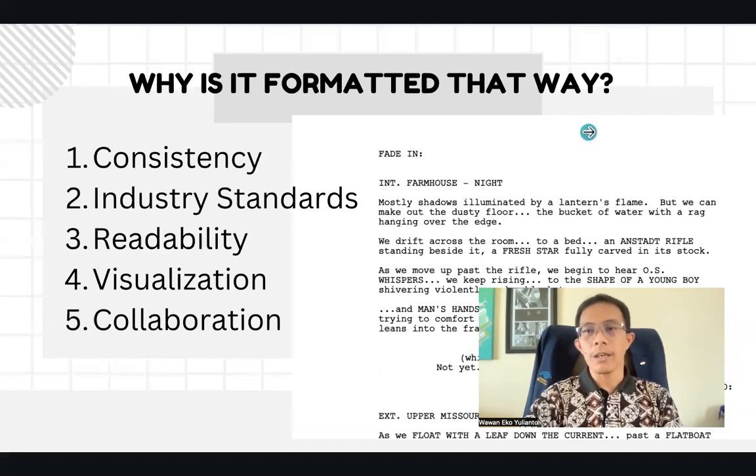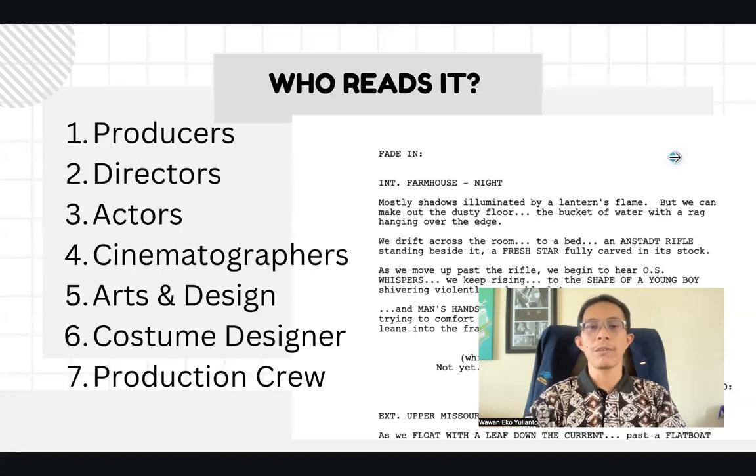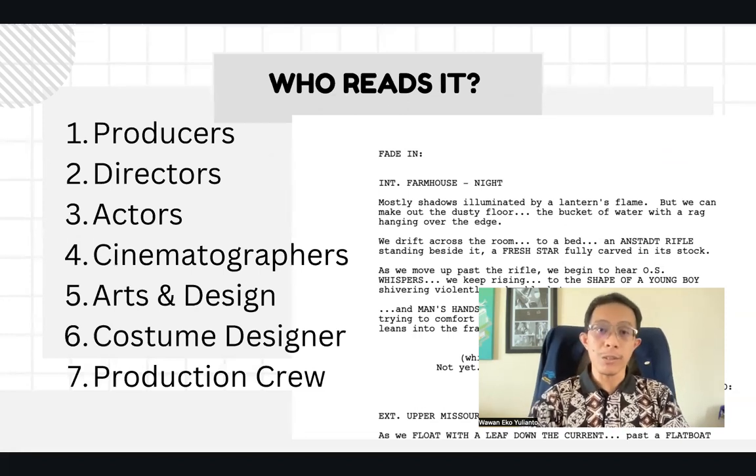And that's leading us to who is the audience of a script. So the script is made for various types of people. First of all, the producers. Of course, without the producers, you cannot create a movie, right?